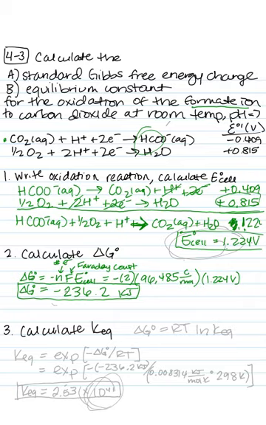So finally, we know that the equilibrium constant is related to delta G according to delta G equals minus RT natural log of the equilibrium constant. So we can rearrange this to say that the equilibrium constant is the exponential of negative delta G divided by RT. So this one will be the exponential of minus negative 236.2 kilojoules.